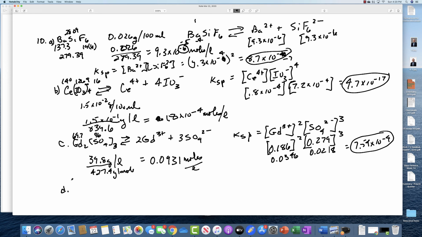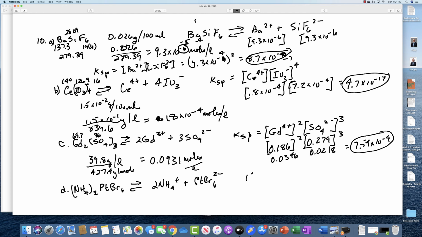The last one, D, is ammonium platinum bromide, with the platinum bromide ion being the simple ion. So it's ammonium, and then this platinum bromide is a single ion. So it looks like this: plus, and the platinum bromide minus.